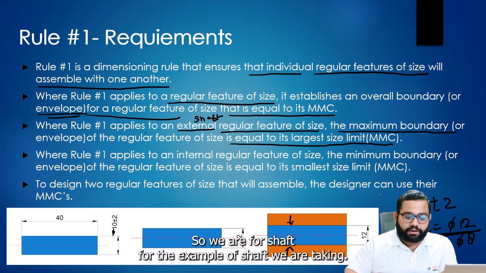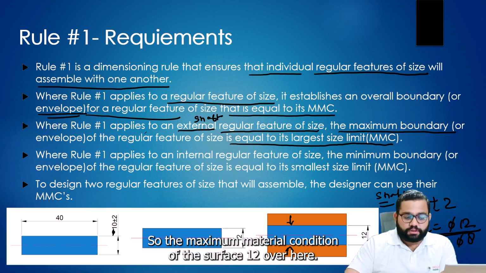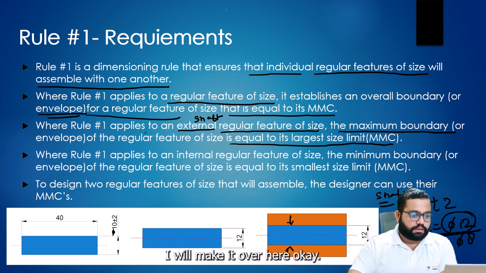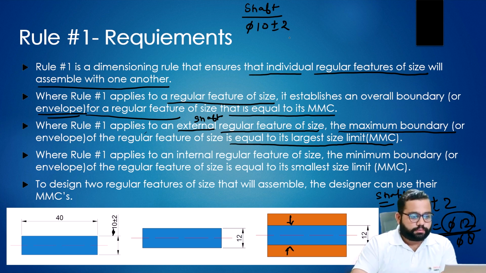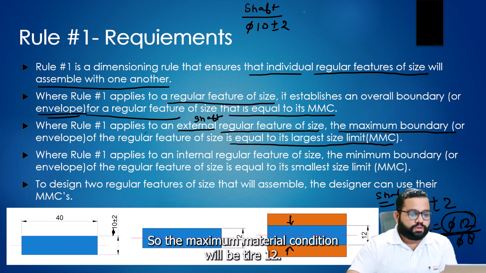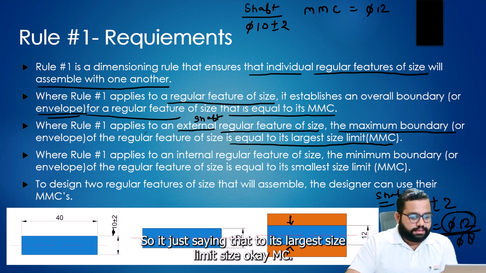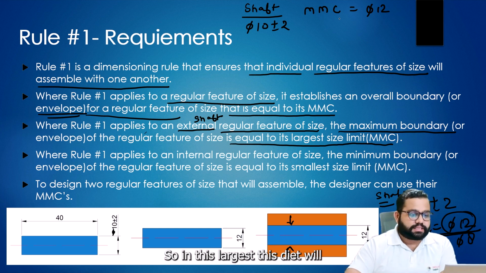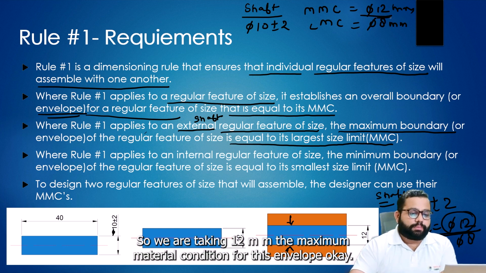So for the example of the shaft, dia 10 plus minus 2 is the limit of size we are given here. The maximum material condition will be dia 12 mm, the largest limit size. LMC here is dia 8 mm. So we are taking 12 mm as the maximum material condition for this envelope.